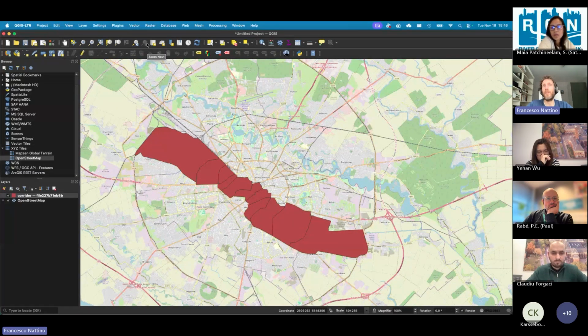I'm showing here how to import it in QGIS, by simply dragging it into the QGIS window. But any GIS software would be able to open the exported package file. This is all I wanted to show.